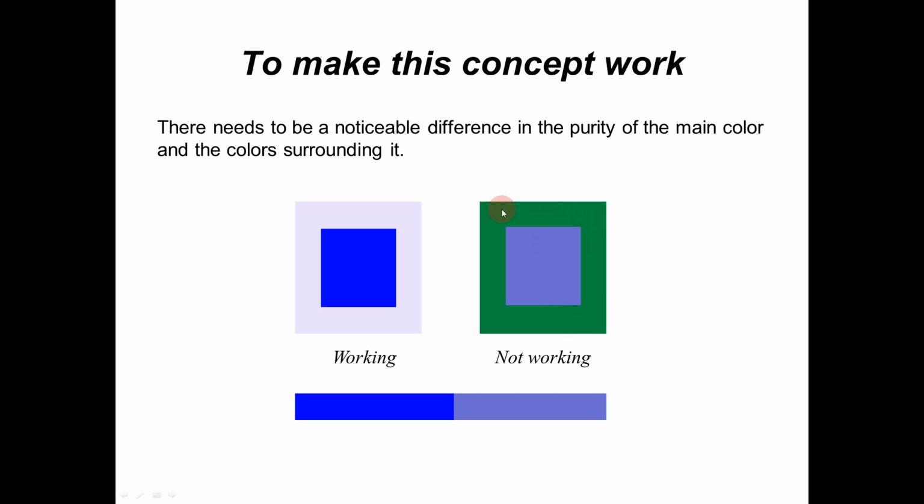And it's surrounded by a pure green. So in this case, this is working over here, and this is not working because there is not a noticeable difference in the purity of the main color and the colors surrounding it.